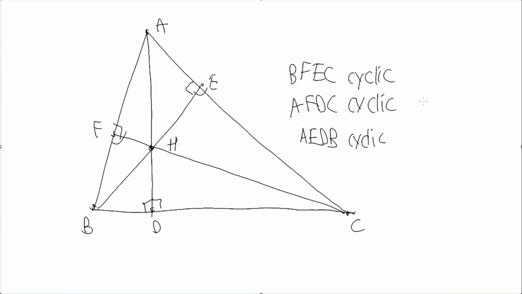Okay, so now that we know that all of these are cyclic, let's try drawing them in circles. In general, whenever you have a cyclic quadrilateral, always draw in the circle. Drawing in the circle for a cyclic quadrilateral will both help you to remember that the quadrilateral is cyclic, and also to remember that you can use radical axis with it.